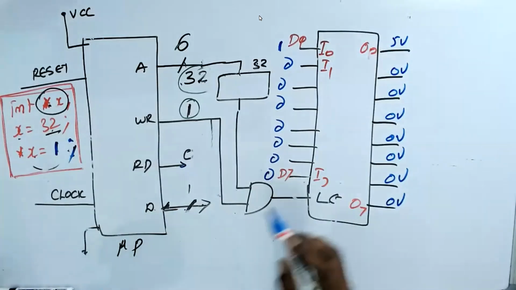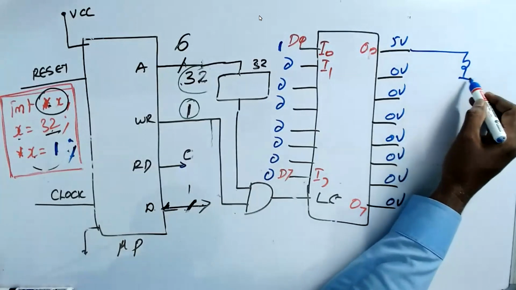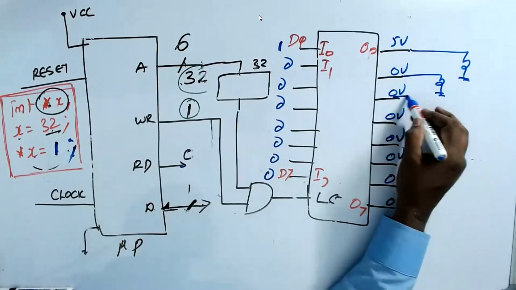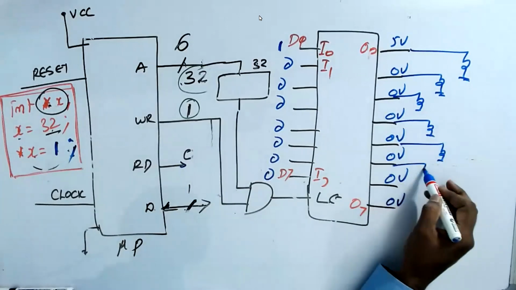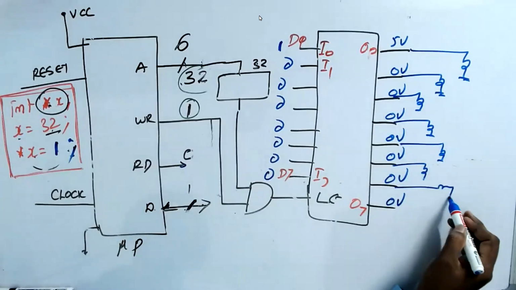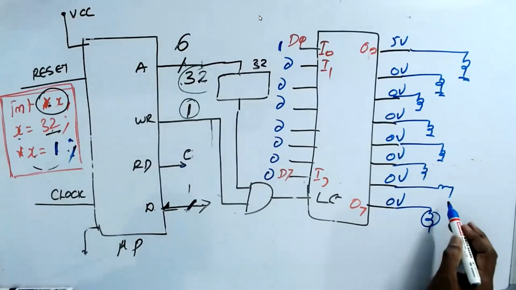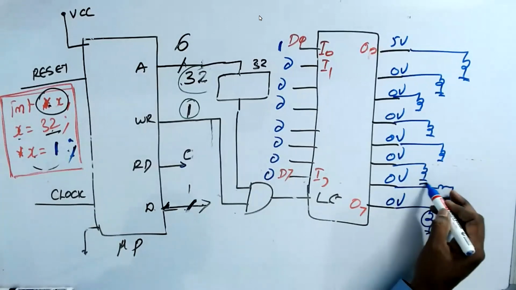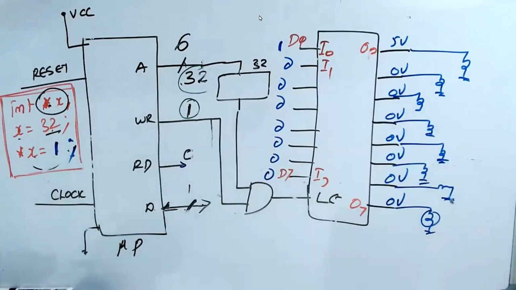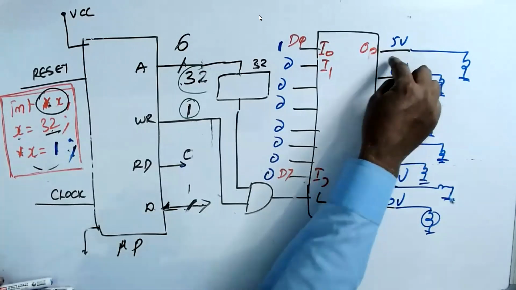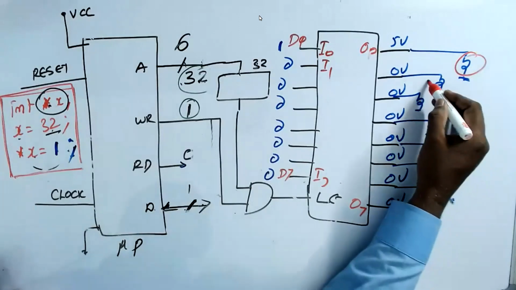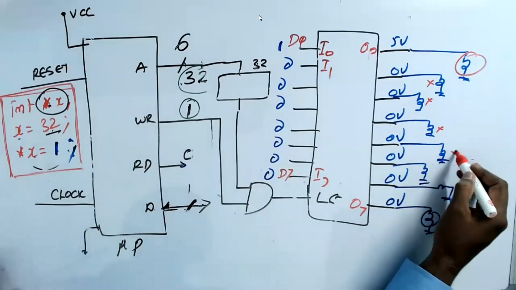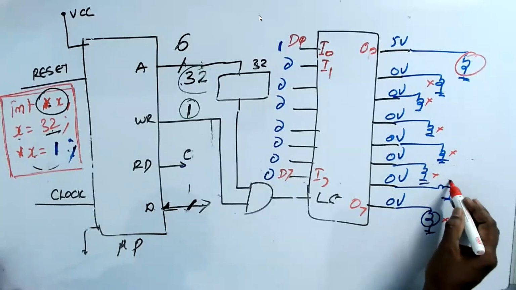Now I connect a bulb here. See here, how many bulbs I connected? 8 bulbs. Now, what will happen? I give 5 volt here, only this bulb will glow. All the other bulbs will be off. Am I right?